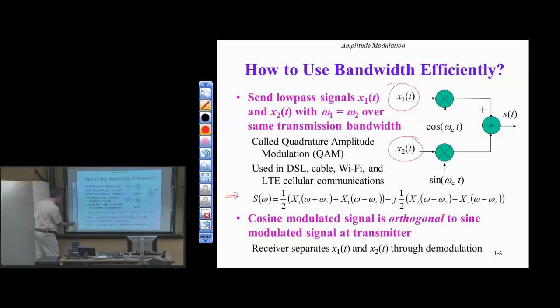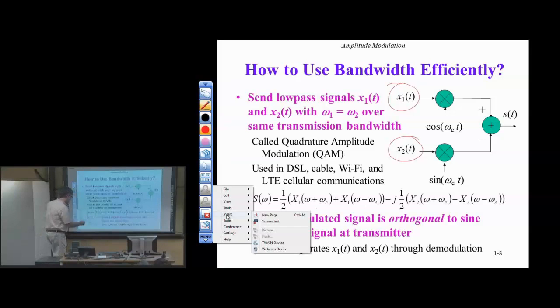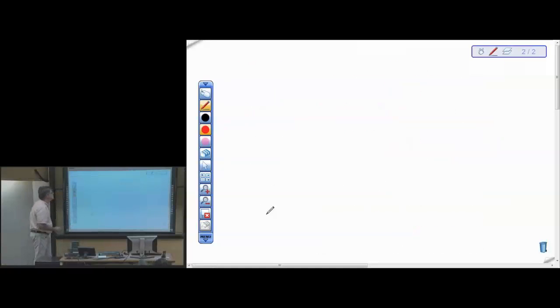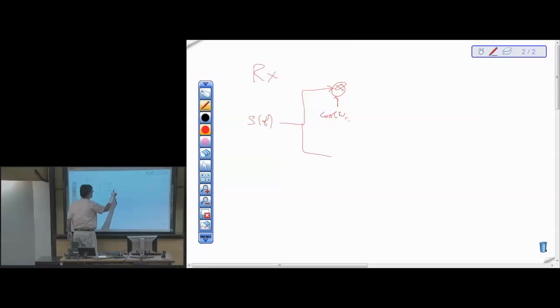I'll get a new slide here. When you just do the reverse operation, basically. Yeah, so the way you would do it is do the dual operation. So you receive S of t. This is the receiver. Here's S of t. It's going to go through two paths. The upper path, modulate by cosine omega ct.